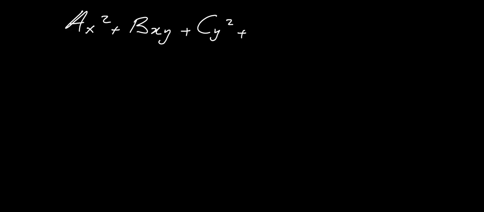Yeah, so I'll start with reminding you of the general equation that we did. So remember this equation that we talked about at the beginning of the course, the topic. There was this equation plus cy squared, then plus there's a dx plus ey, then plus f is equal to 0.